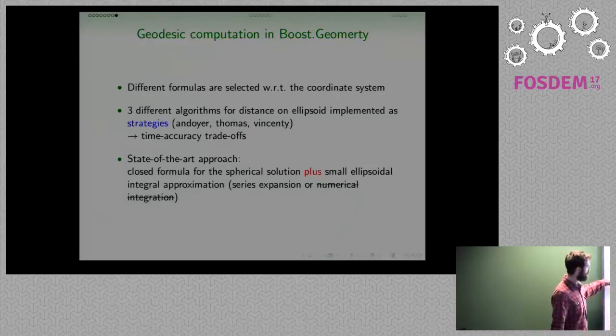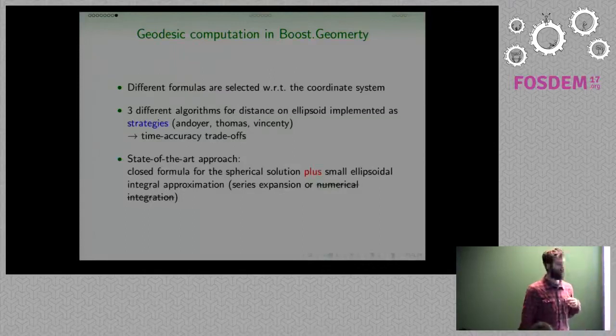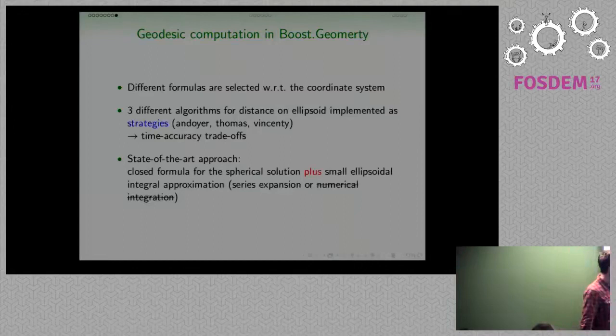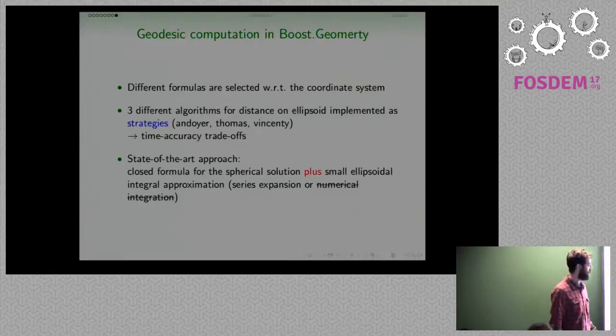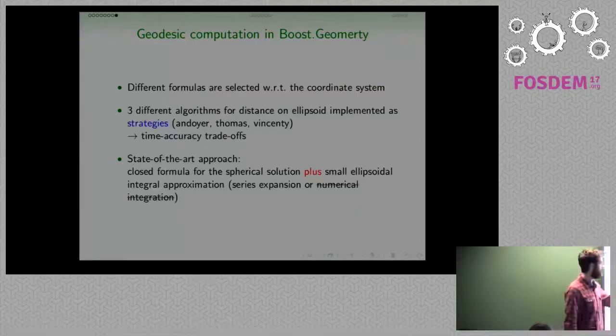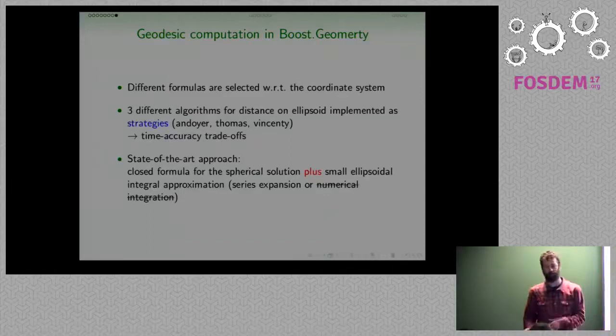And also, this is in more detail. For ellipsoid, we have 3 different algorithms that are these 3. We call them strategies, and there are 3 different ways of approximating the distance, and there are some time-accuracy trade-offs. The first is less accurate but faster, and so on and so forth.